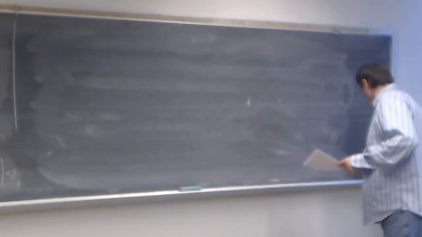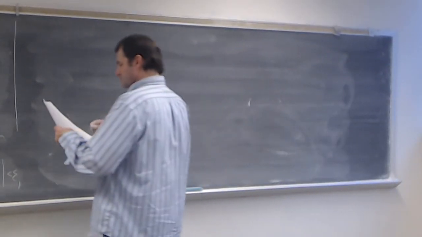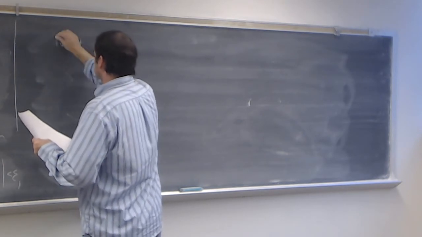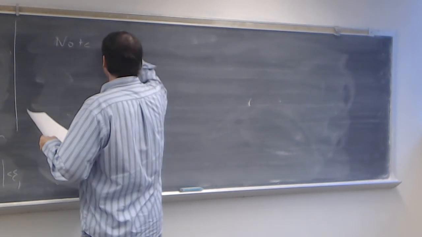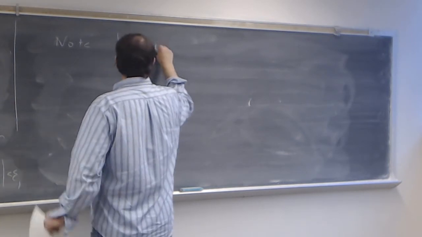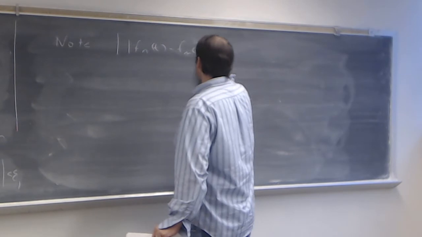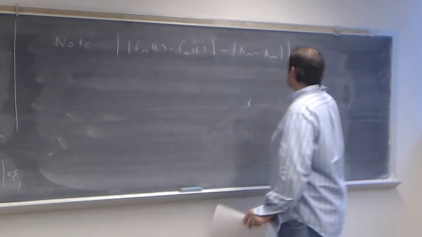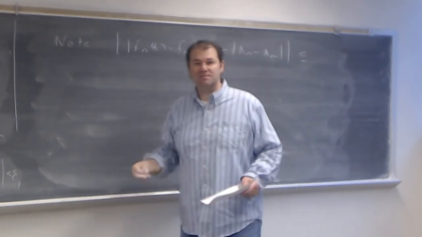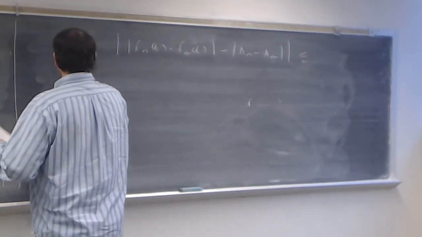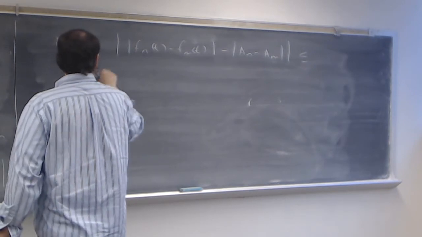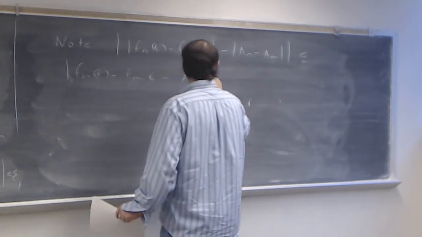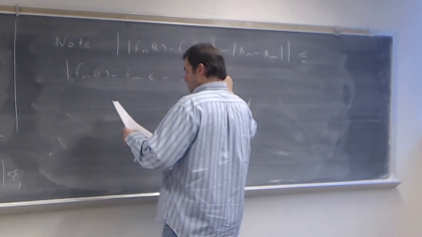Okay. Well, let's make this observation. Note that the absolute value of the absolute value of f sub n of t minus f sub m of t, minus the absolute value of a sub n minus a sub m, can be shown to be less than or equal to the absolute value of f sub n of t minus f sub m of t minus a sub n plus a sub m.